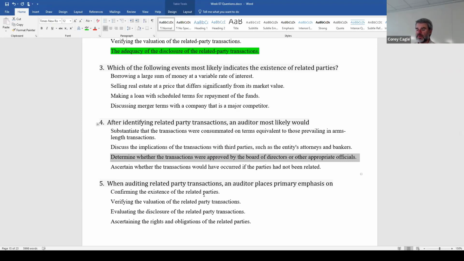We are not worried about anything other than, you know, our big concern is disclosure, right? We're not as really concerned with the transaction itself and how it came about and that kind of thing. Approval of that transaction might be a concern, right?